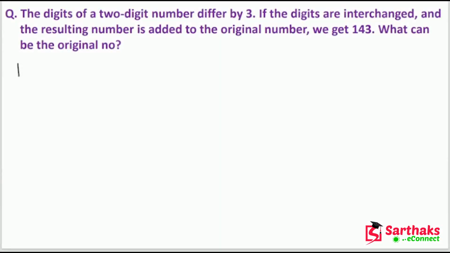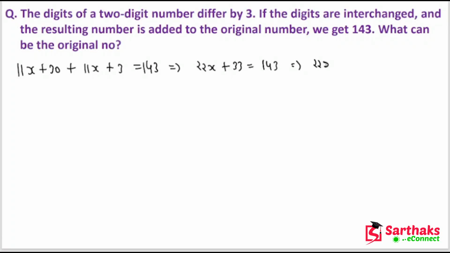We have 11x plus 30 plus 11x plus 3 equals 143, which simply gave us 22x plus 33 equals 143, which gave us 22x equals 110.